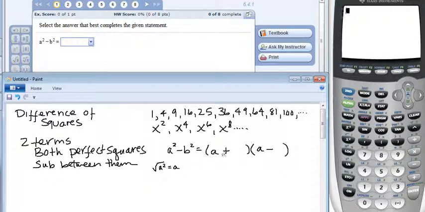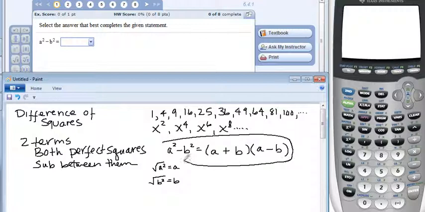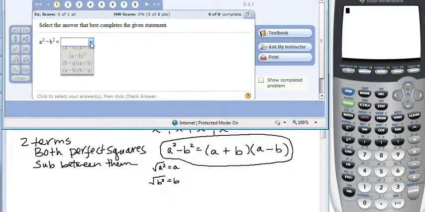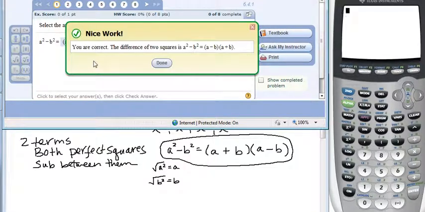And the square root of the back one goes in the back. The square root of b squared is b. So this is your formula right here. Anytime I have a perfect square minus a perfect square, it factors into the square roots, and it's always one plus, one minus: a plus b times a minus b.